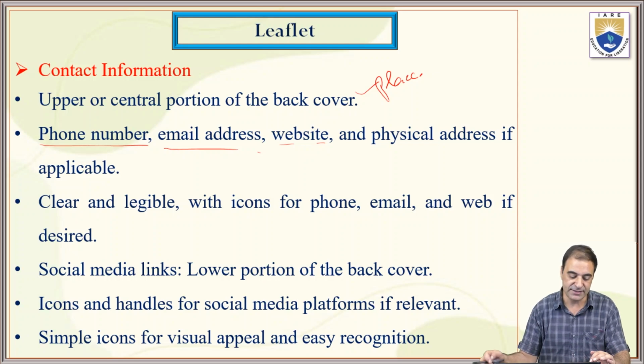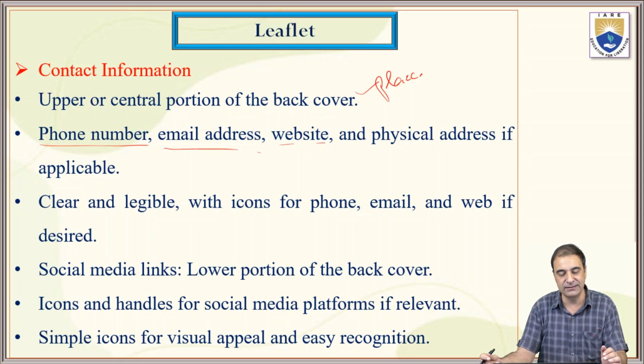And the next one is clear and legible, with icons for phone, email, and web if desired. Yes, we provide icons. Sometimes we just give the picture or the graphics of the icons, for example, the phone icon, email, web, if it is desired. But it should be clear and legible.